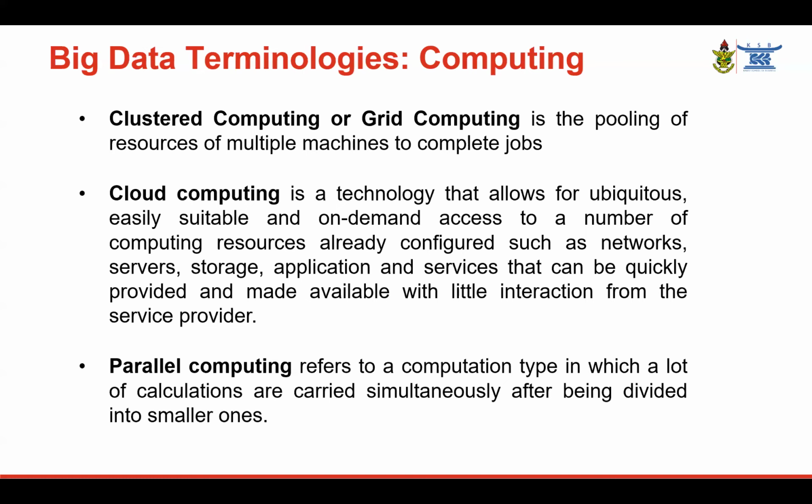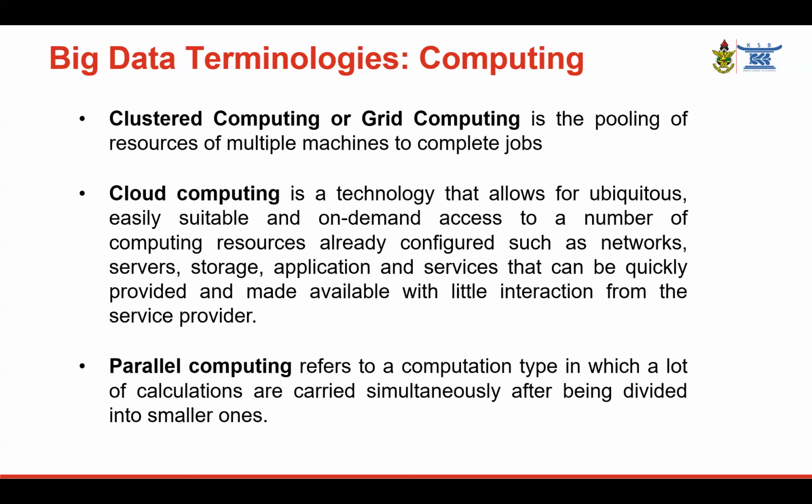And it allows us to have different networks, different servers, and different storage all linked up. So you can have a storage space here in Ghana, and another storage space in China, but they are linked together as one storage space that can serve me. Then we also have parallel computing.